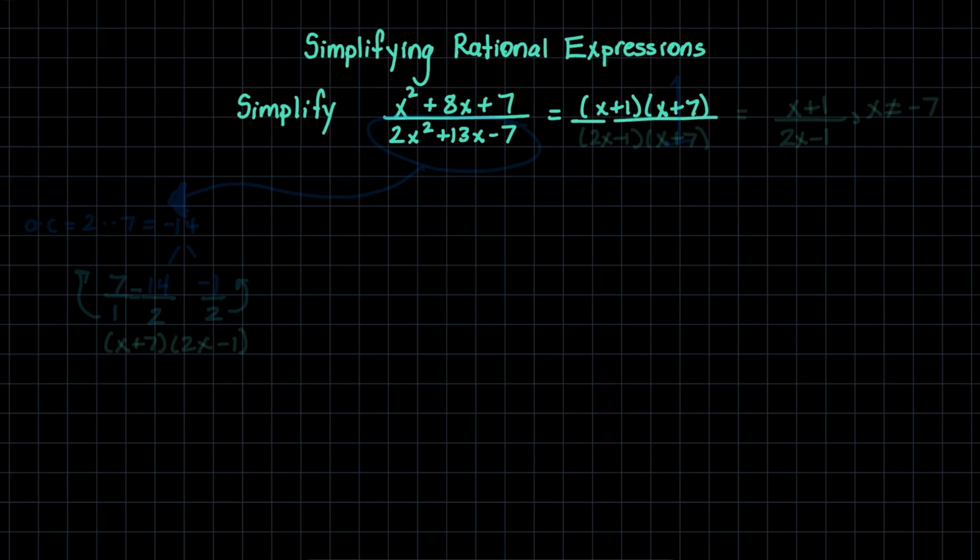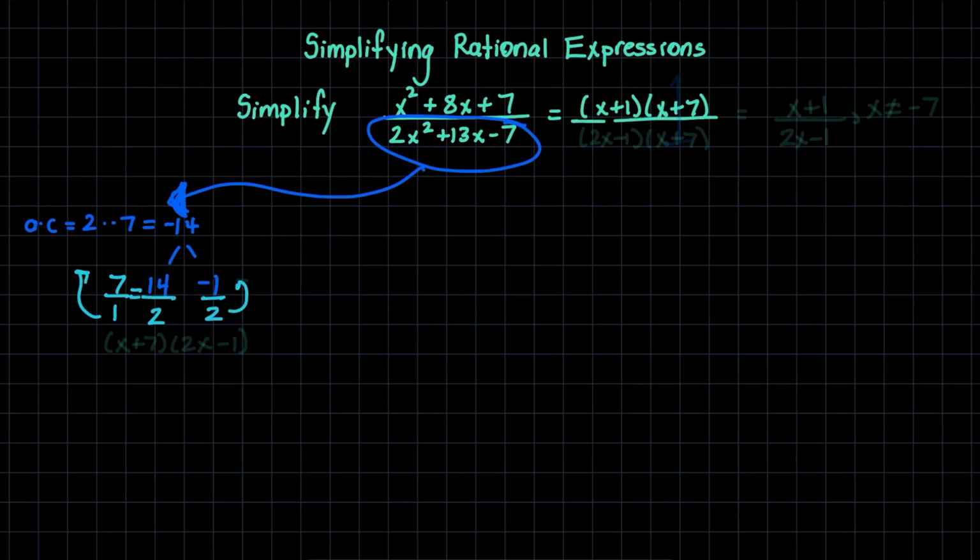I'm going to take the denominator and zoom in to do some scratch work. So first we do a times c, which is 2 times -7, -14. Two numbers that multiply to -14 but add to 13. It's going to be +14 and -1. Divide by a. A is 2. Divide by 2. This simplifies down to 7 over 1. Remember, bottom to top.